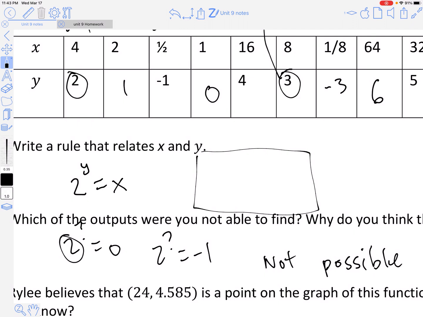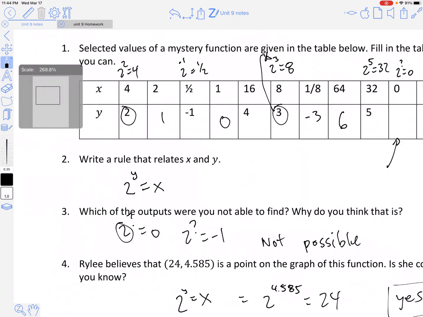Logarithms are the inverses of exponential. When you're in inverse, the x and y switch. So our y will be our output this time, and we're going to write log to represent logarithm. The 2 right here, a little subscript, is the base, and then x is the input.